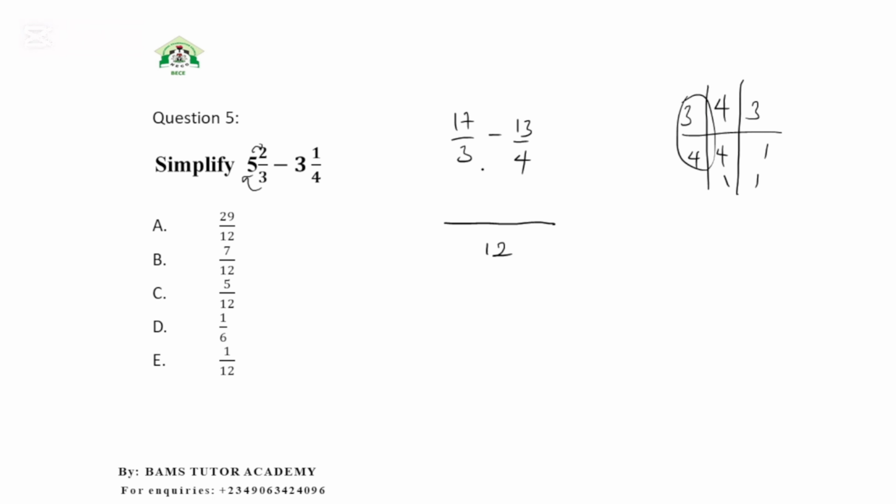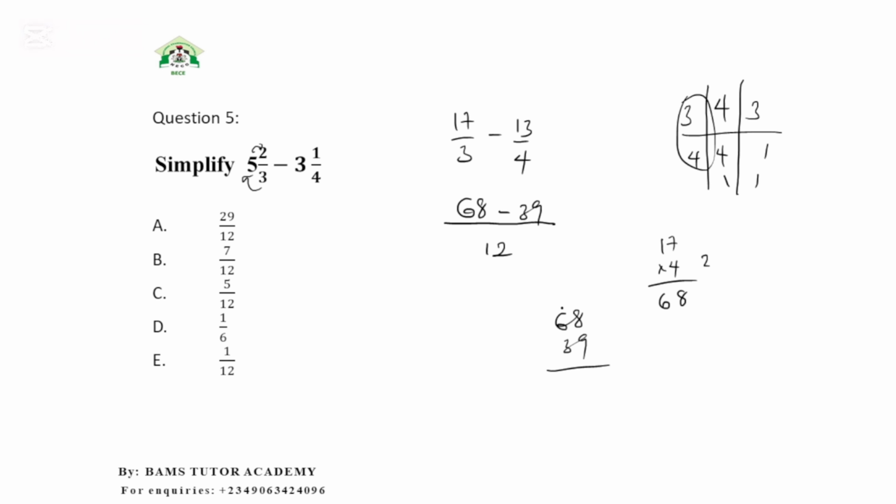4 times 17. So we can quickly use our calculator to do that, or you can just do a rough calculation here. 4 times 17, 4 times 7 is 28. 68, I guess. So that's 68 minus 4 in 12. That's 3. 3 times 13 should be 39. Okay. So 68 minus 39.